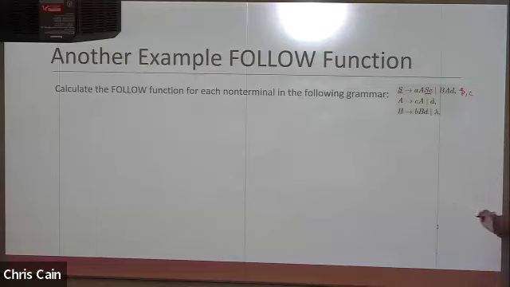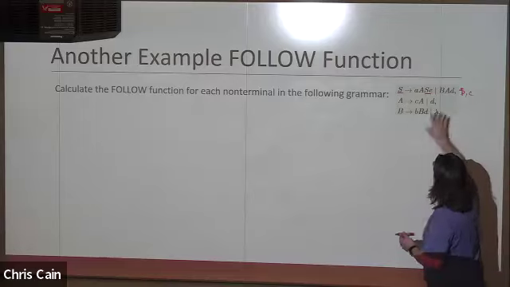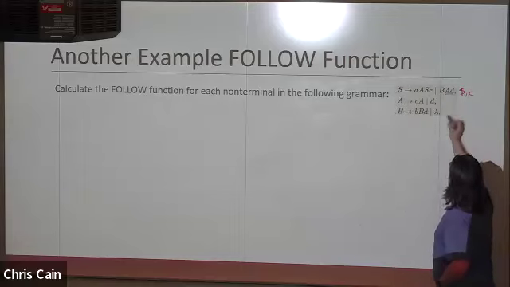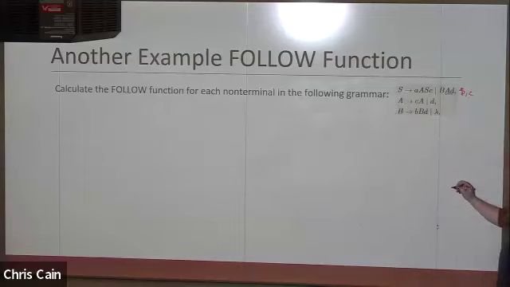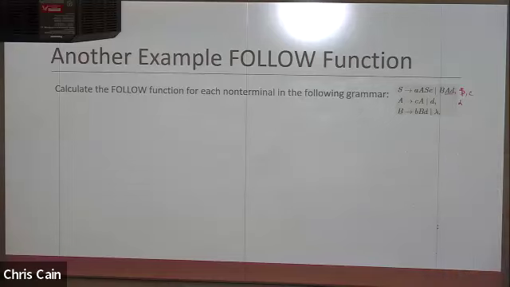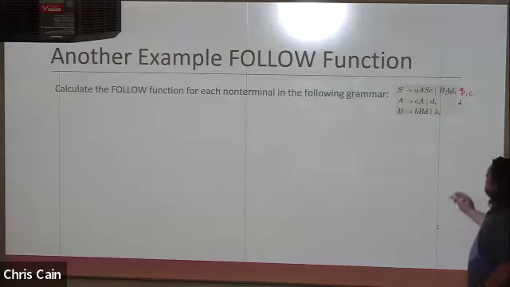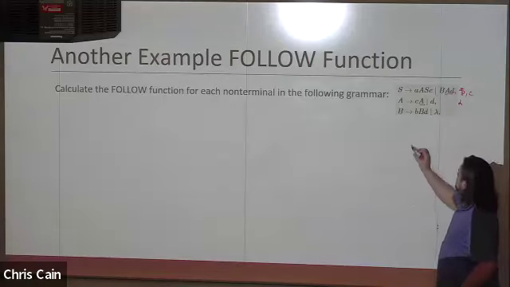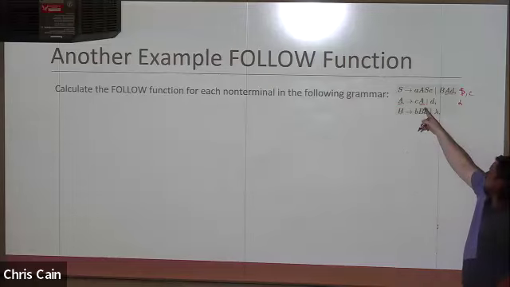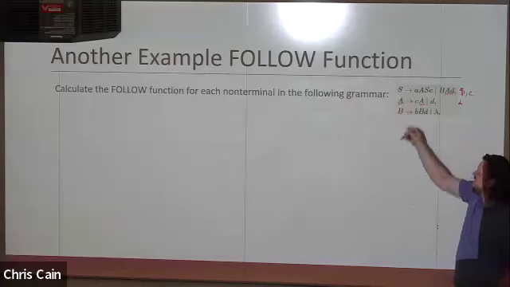Follow of A was a lot more difficult. From here we saw we could follow D from A, so we just add D to follow of A because it can follow the A. Here we had a recursive definition from A, where what comes after this A could be whatever comes after this A, because this A can end this A production.